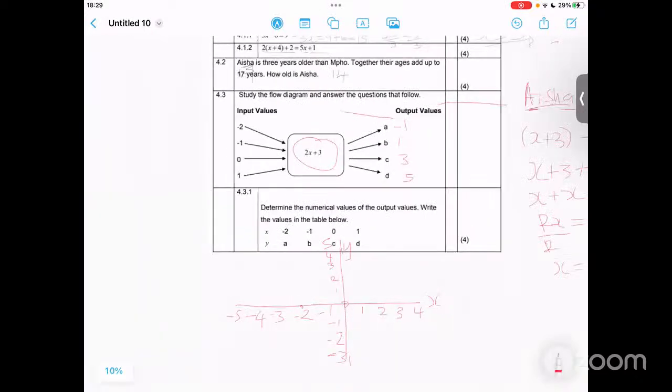Is it here on the line, or do we put it here in the third quadrant, or here? No, it's on the line because y doesn't have a value.